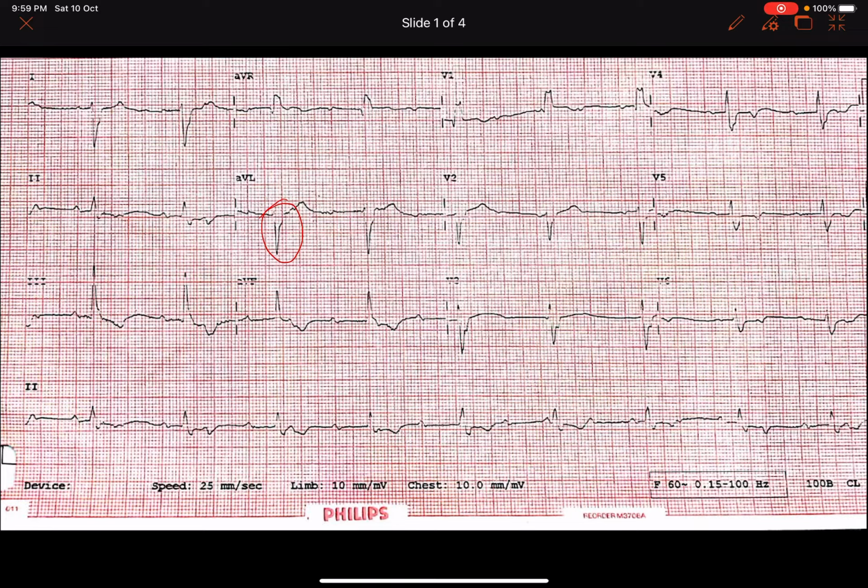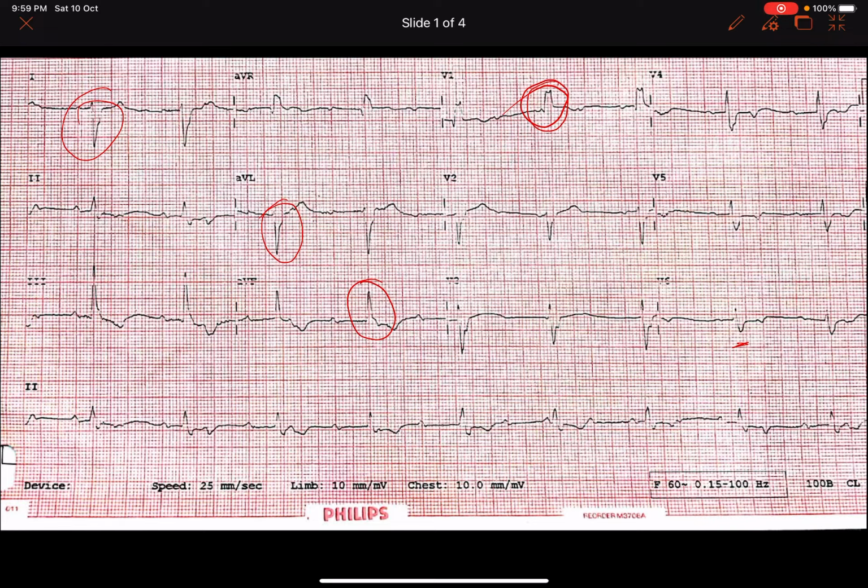In V1 there is an M type of pattern and there is an S in V6. This is an RBBB type of pattern and the axis is a right axis because lead 1 is negative and lead aVF is positive. So some people felt this is a complete trifascicular block.